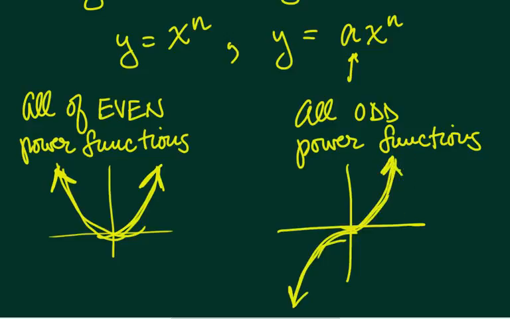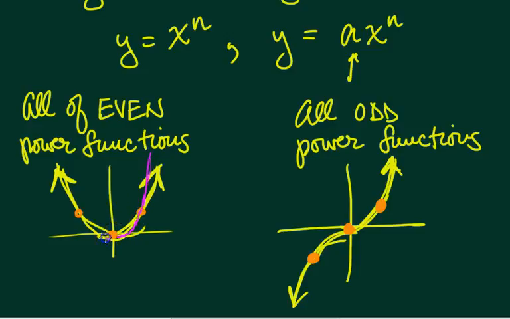Now, all of these functions, x to the fourth, x to the 10th, x squared, go through the same points of 0, 0, 1, 1, negative 1, 1. All of the odd ones go through 0, 0, 1, 1, negative 1, negative 1. They all have these in common. And the shapes are a little bit different, as you can see if you look in Desmos or your calculator.